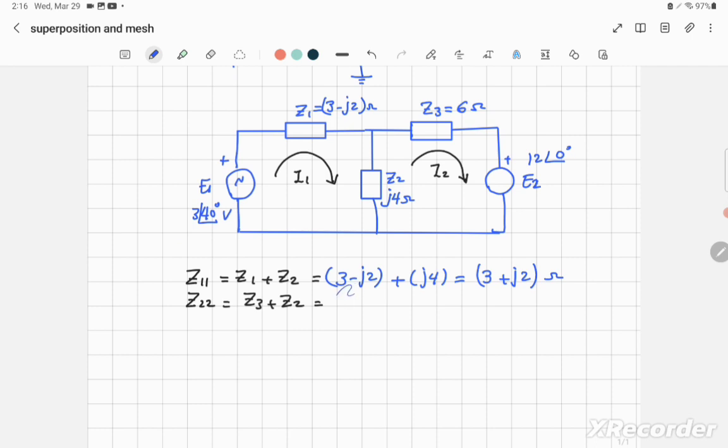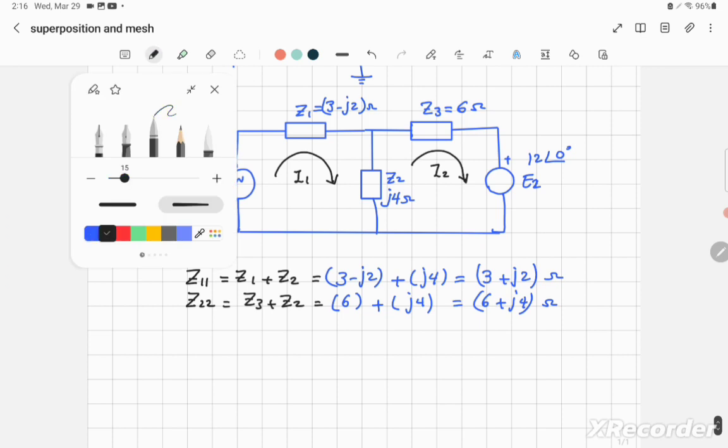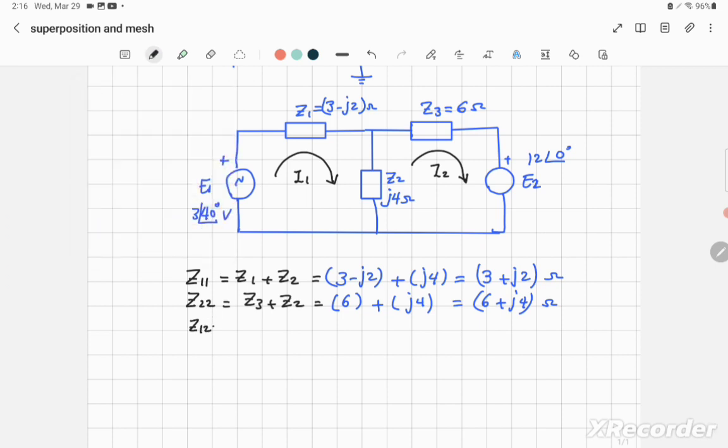Z3 is equal to 6 ohm, and the other is j4, so it's simple, 6 plus j4 ohm. That's Z22. Then we find the mutual impedance, Z12, and since we have just passive elements, Z12 is equal to Z21, where you don't forget to flip the sign. What is the mutual impedance between loop 1 and loop 2? You have only Z2, so just j4, and you flip the sign for the mutual, so you have negative j4 ohm.